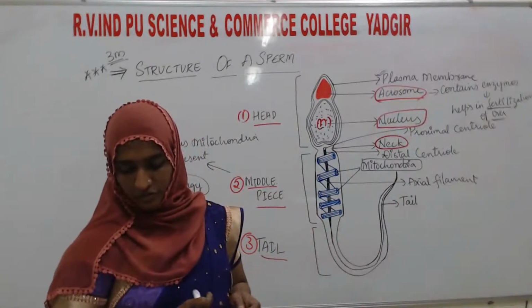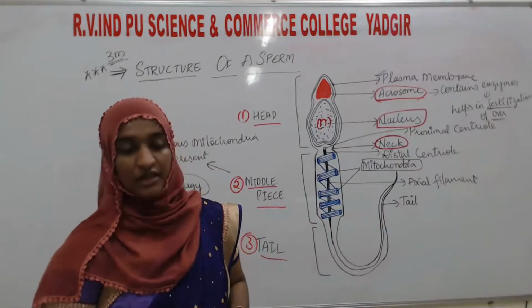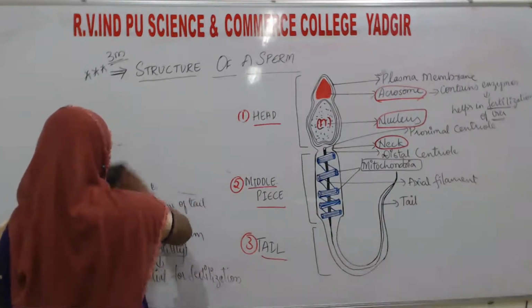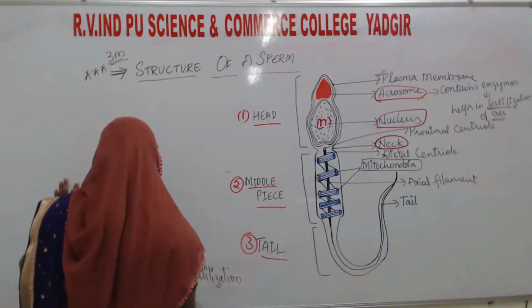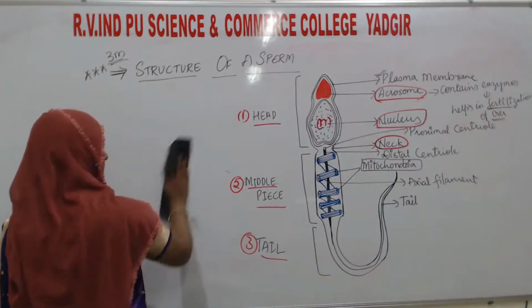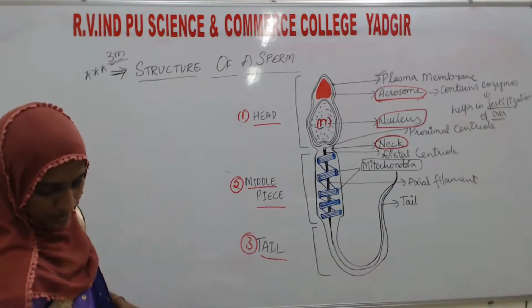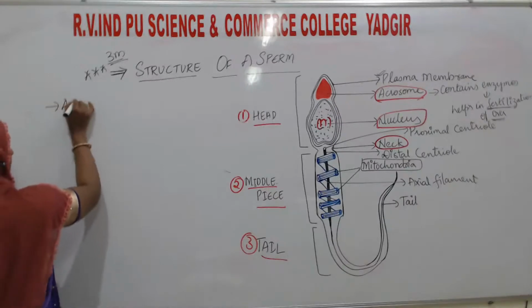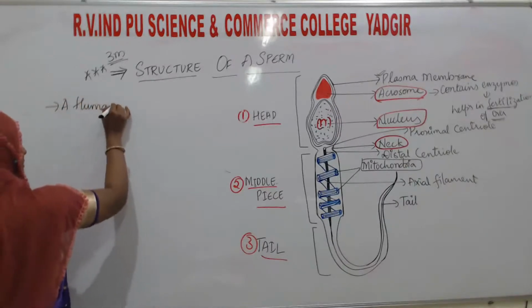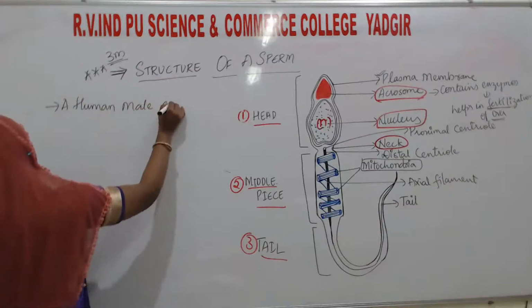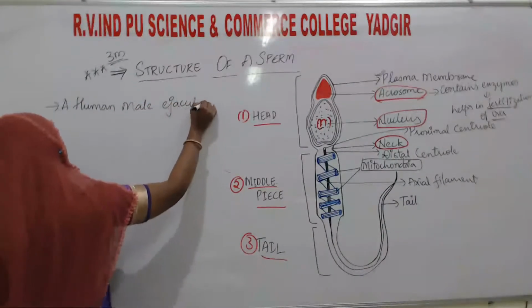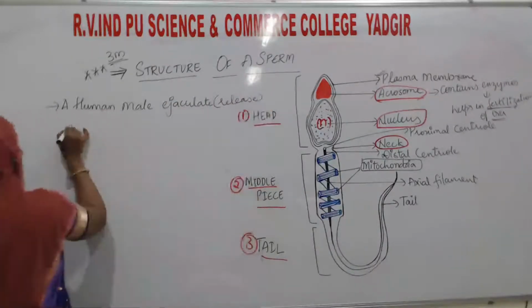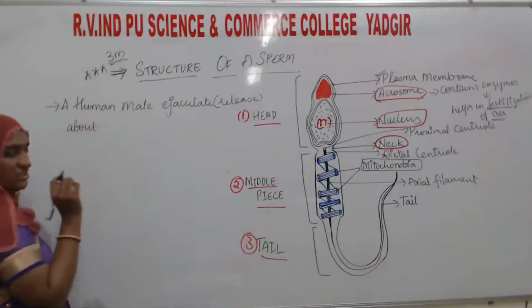Next, a human male ejaculates, or releases, about how many sperms during each ejaculation?